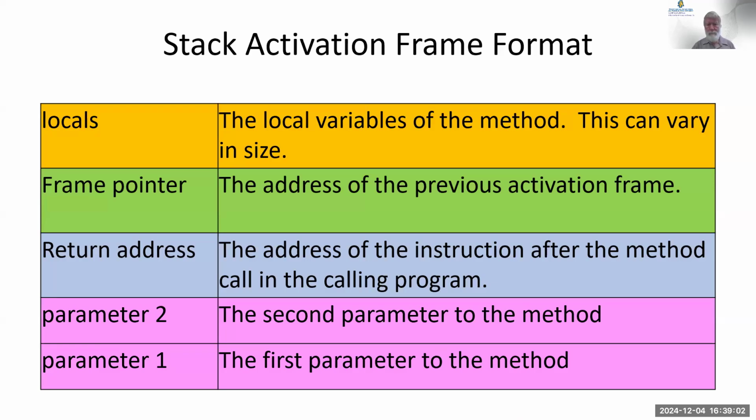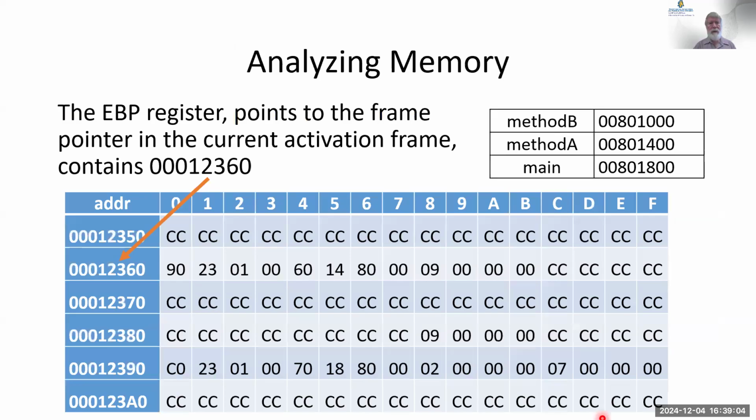So let's start here. We know from the software where the methods start. The main program started these, and this is easy to find out: where is each of the methods located in memory? And the EBP pointer, the extended BP, is the frame pointer.